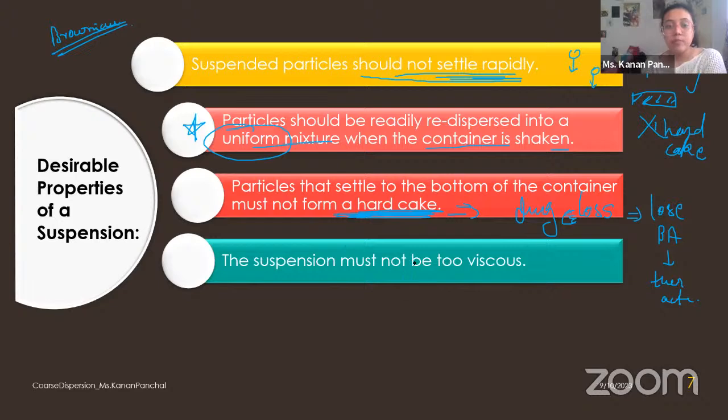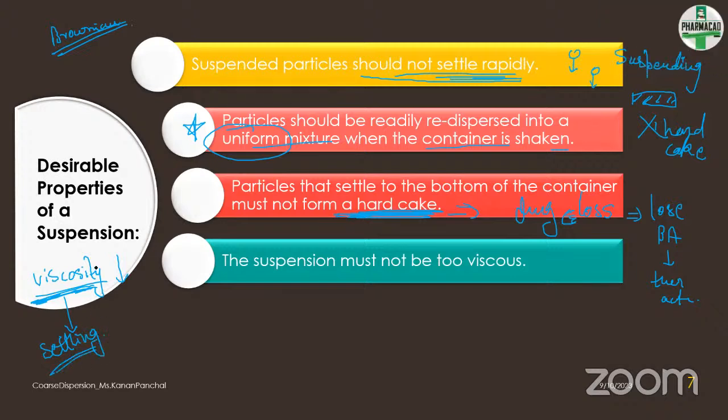Next is the suspension must not be too viscous. Thoda viscous hona chahiye for the particles to remain suspended. Tell me, if viscosity zyada hai, to Brownian motion kam hoga, correct? Or viscosity kam hai, to settling zyada hoga ki kam hoga? ज़्यादा होगा.